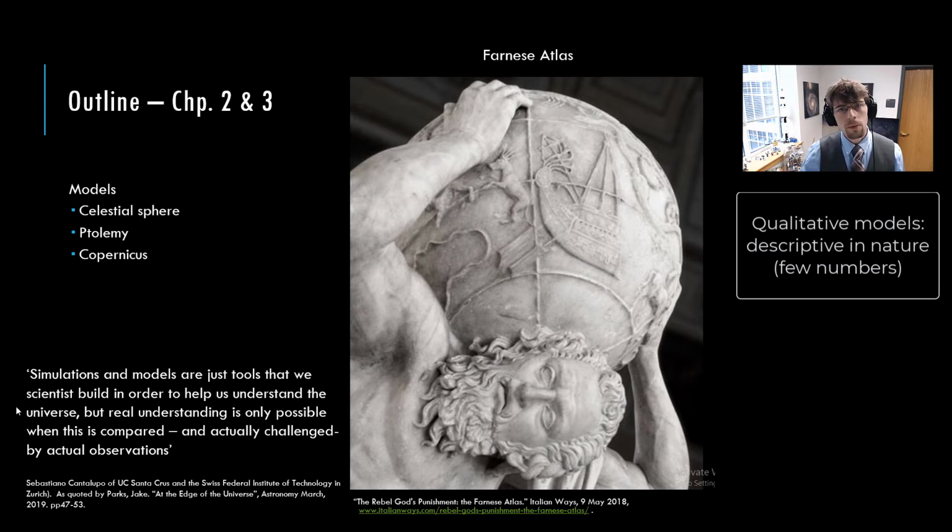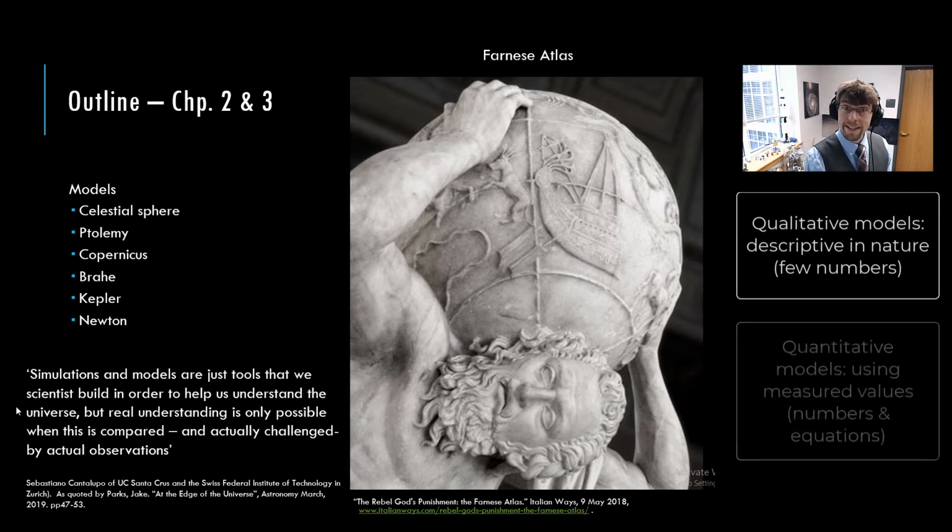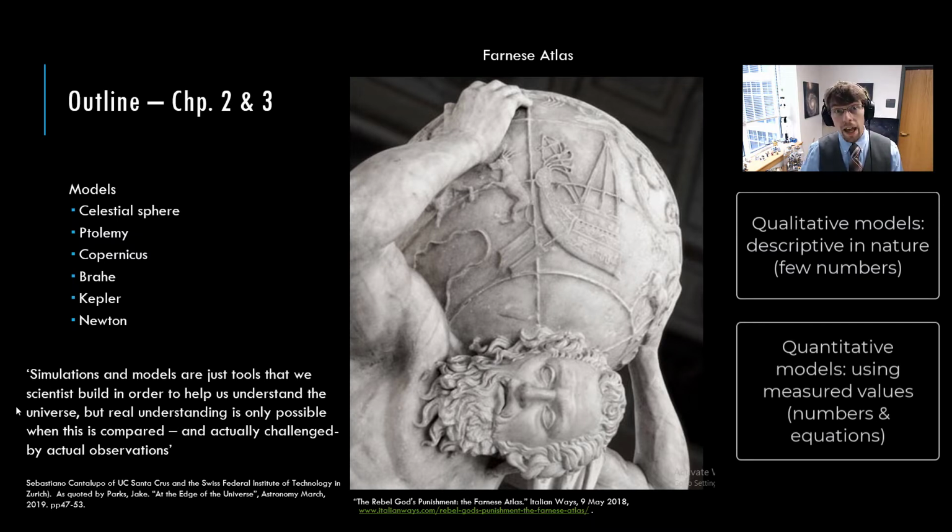Right at that point, where we go from the transition between Copernicus and the next couple of figures, namely Brahe and Kepler, that's where we're going to start going from this qualitative description to more quantitative. In fact, that culminates with the ideas that Newton proposed, where his conceptualization of nature was written down as equations rather than this qualitative assessment.